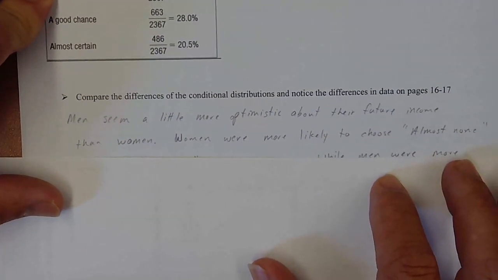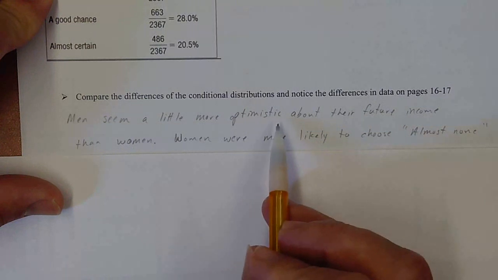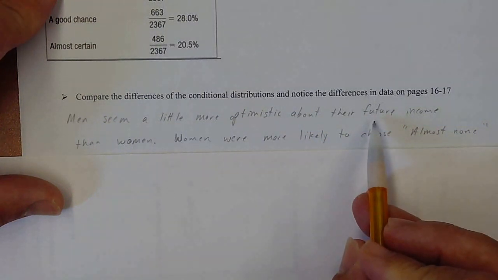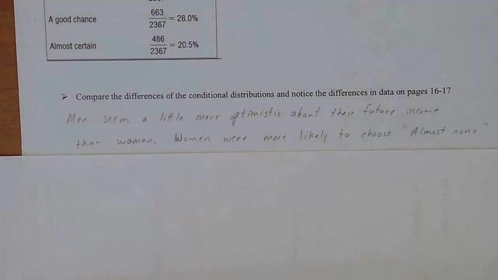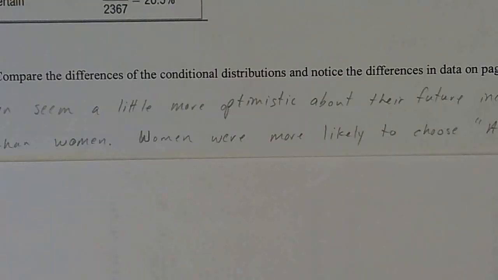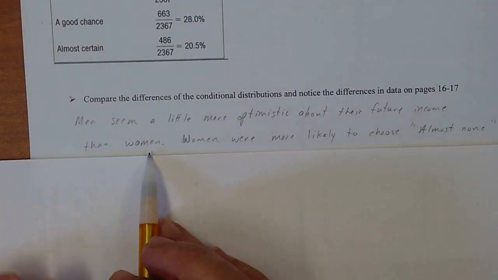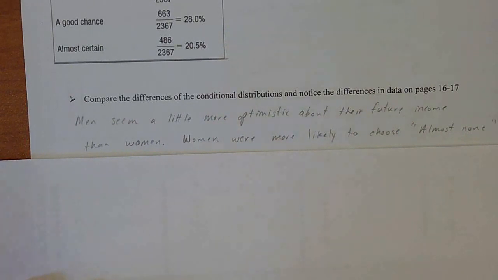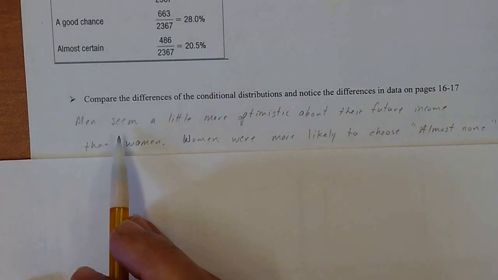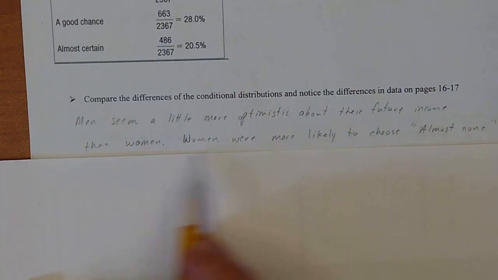My first comment here is men seem a little more optimistic about their future income than women. Remember, I already talked about that. It was because of the some chance category; the females were quite a bit higher in percentages.